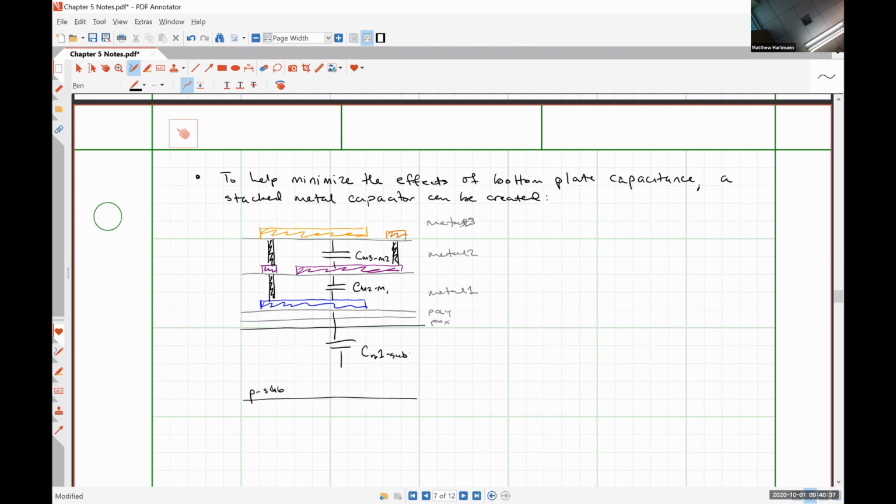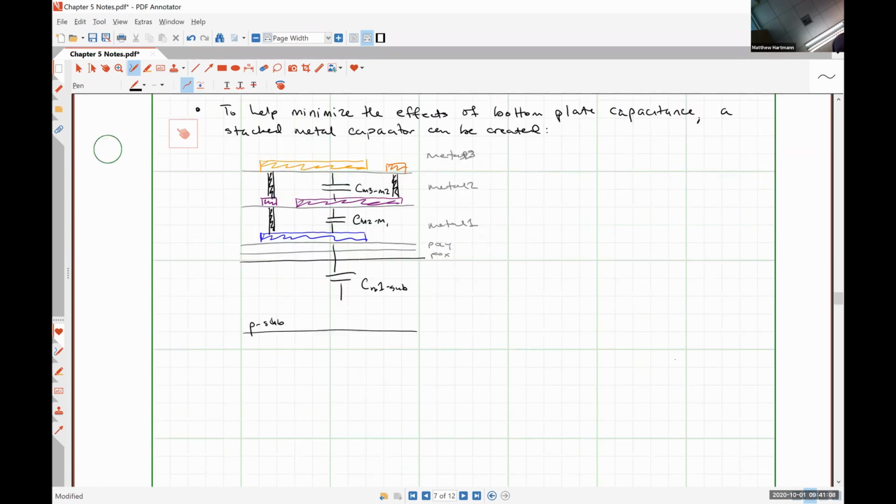But in stacking the capacitor plates like this, I can actually use a smaller plate on the bottom, but still get a large capacitance value. Excuse me, because effectively I'm putting these two capacitors, CM3 to M2, and CM2 to M1, they're electrically connected in parallel.